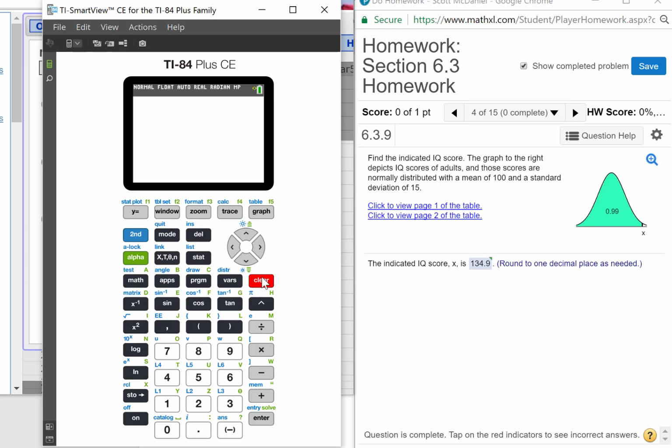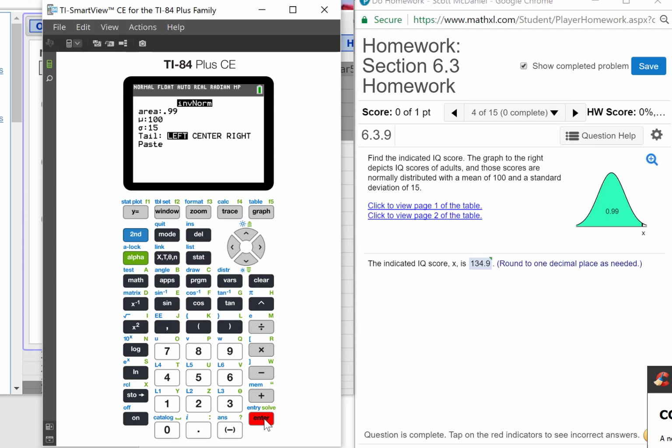So on the calculator, what are we going to do? We're going to press second distribution, and this is an inverse norm. The area is 0.99. The mean is 100. Standard deviation is 15. And if you have this option, select left.